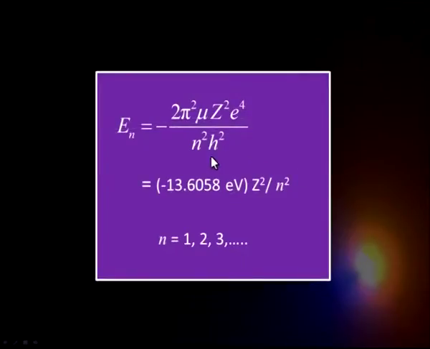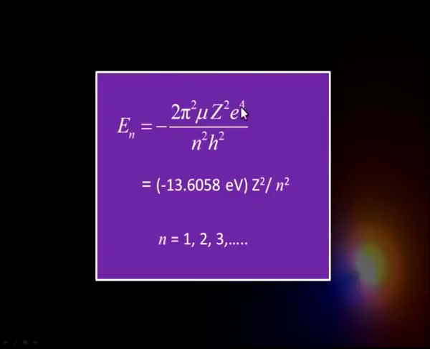All of them are two-particle problems. There is one nucleus and one electron, so this is a one-electron problem. That very fact is reflected in our energy expression here. The term Z is your nuclear charge. If it is hydrogen atom, it is 1. For helium ion, it is 2. For lithium, it is 3, and so on and so forth.